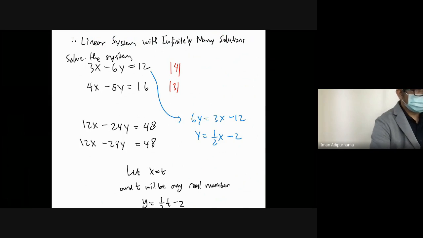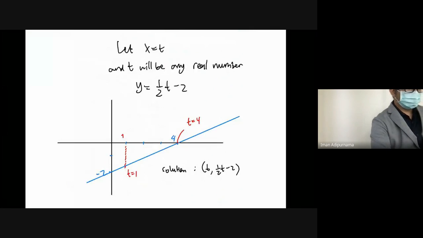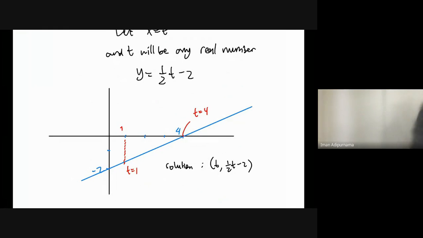So what does it mean and why can we relate to this t? As long as you have this slope, you can have as many t as you want, like t equal -1, 0, 1, 2, 3, 4, and then you may have ordered pairs of the solution, and there will be infinitely many solutions, infinitely many t, right?